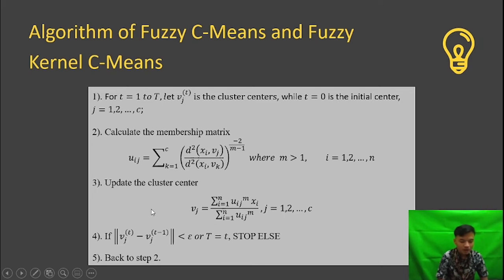Step 4, if the cluster center distance between iteration t and iteration t minus 1 is less than the error, or the iteration has reached its limit, it will stop, else go back to step 2.